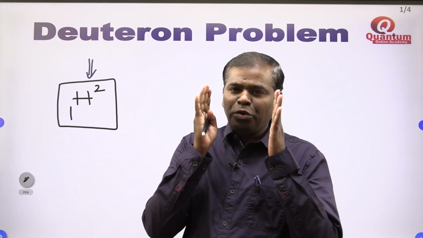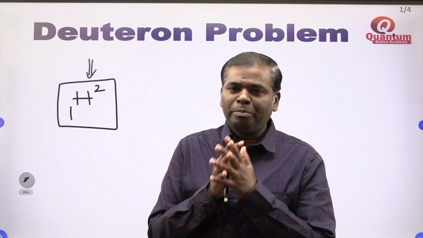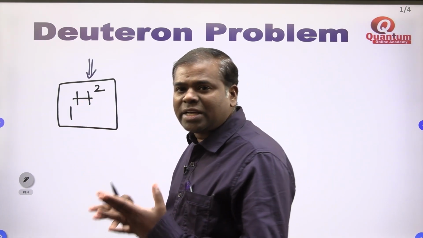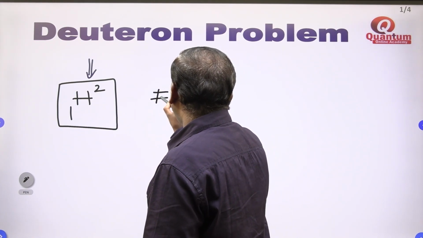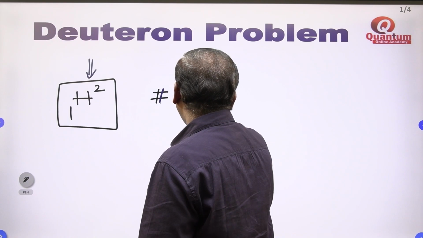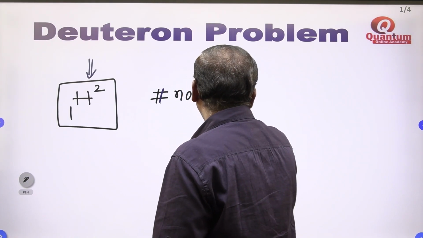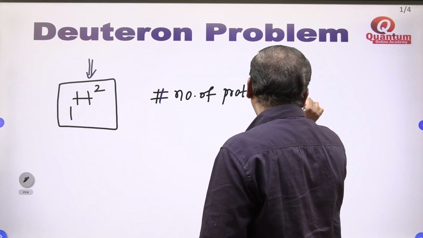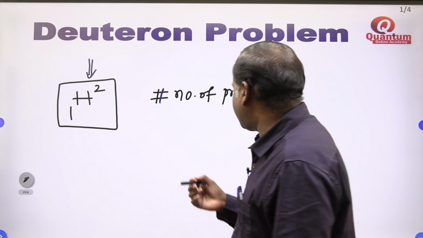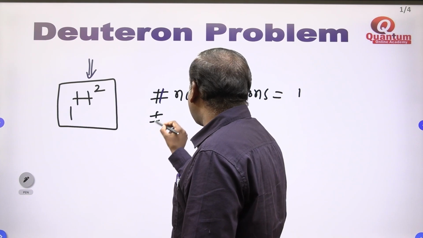Suppose you break the Deuteron, how many protons are there? Only one proton is there. How many neutrons are there?